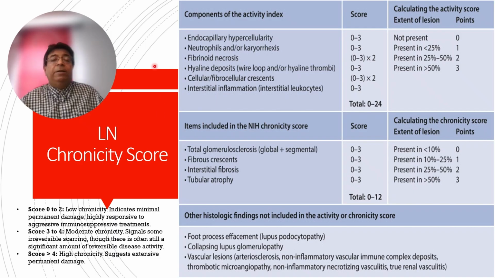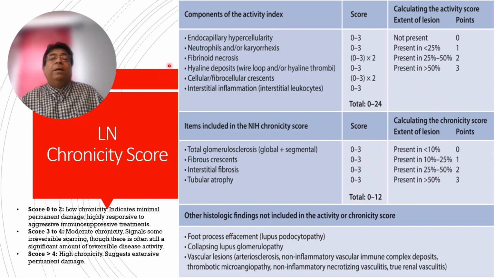Here's the lupus nephritis chronicity score. Chronicity is important because if there's significant chronicity on kidney biopsy, the benefit of immunosuppression is not likely to be greater than the risks. So you want always to keep that risk-benefit ratio in mind. And if the risk is higher than the benefit, then you should consider not immunosuppressing the patient.